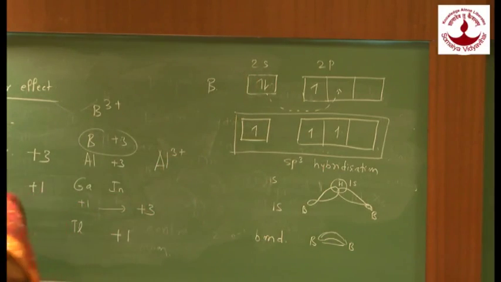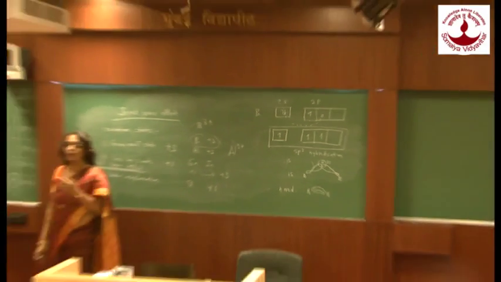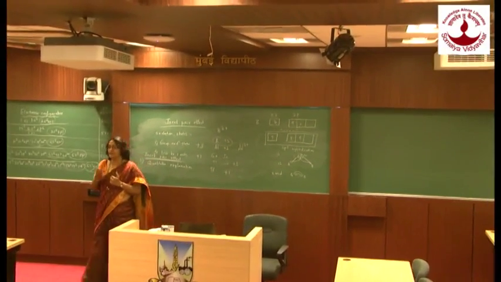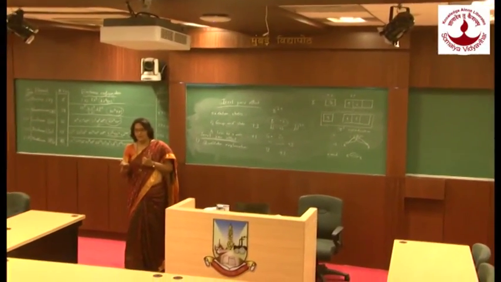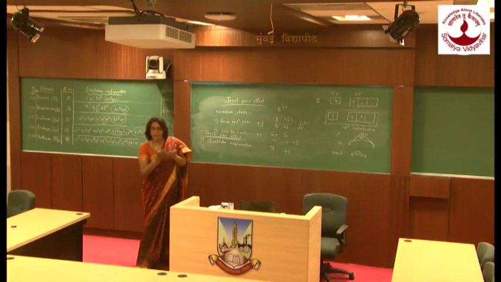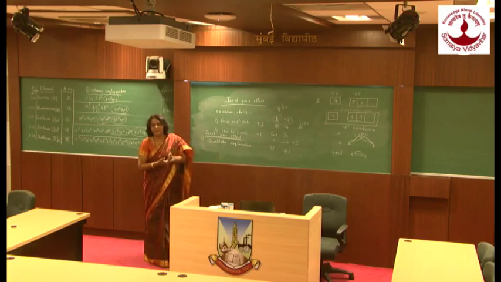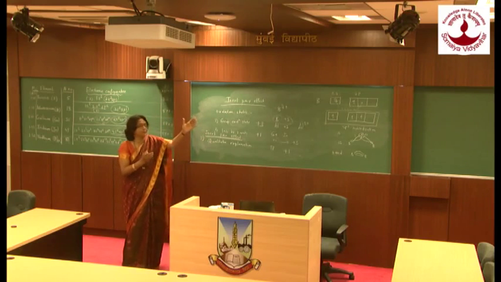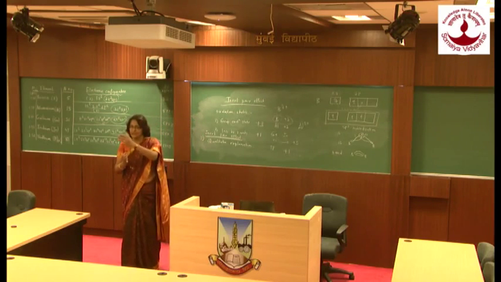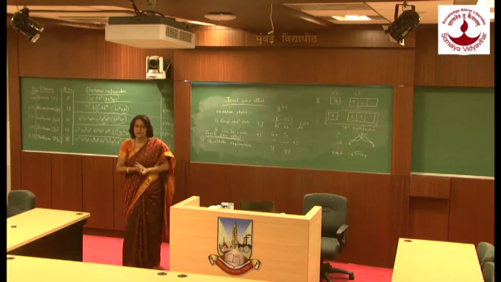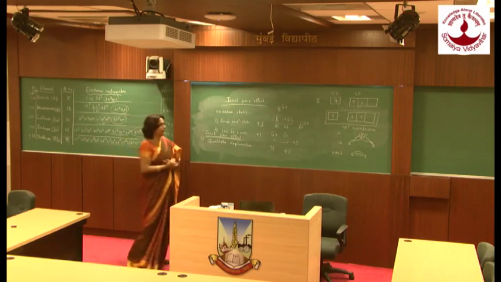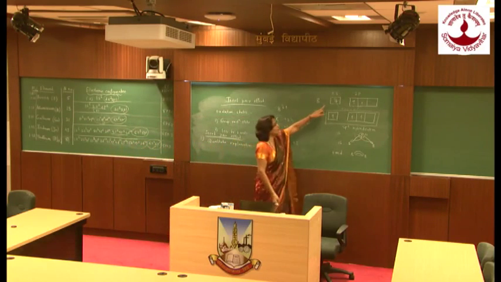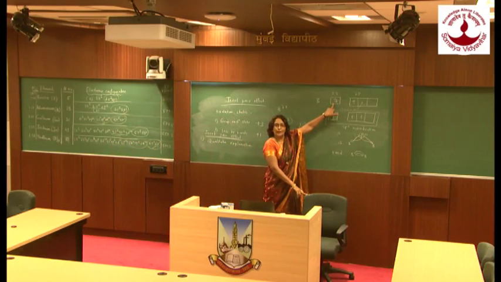Now for p block elements, or even for these group 13 elements, as you go down the group, these bonding energy values decrease. So by the time you come to thallium, the energy that is liberated when these 3 electrons form bonds with 3 atoms is very less. So it does not compensate for the high amount of energy that is required to unpair this electron.